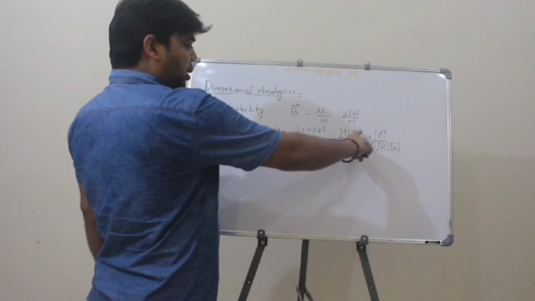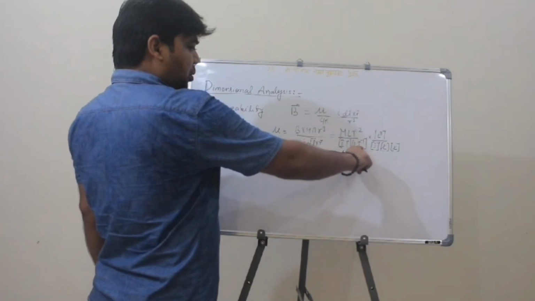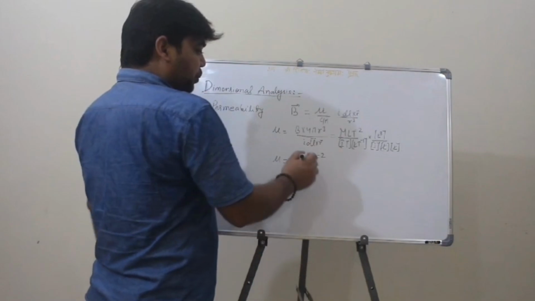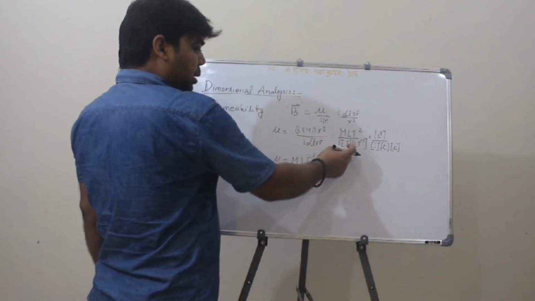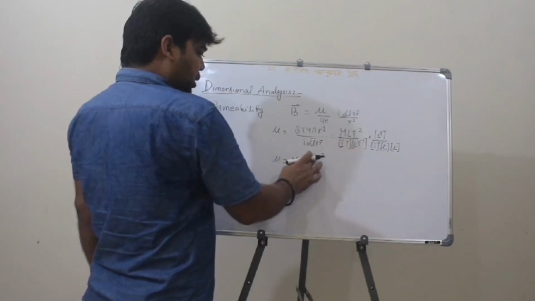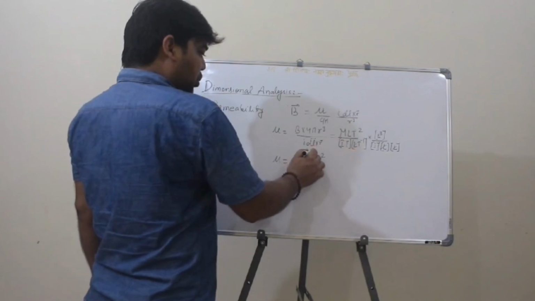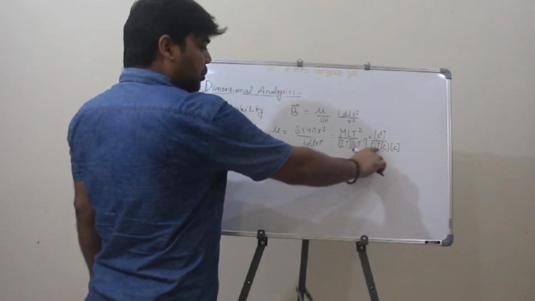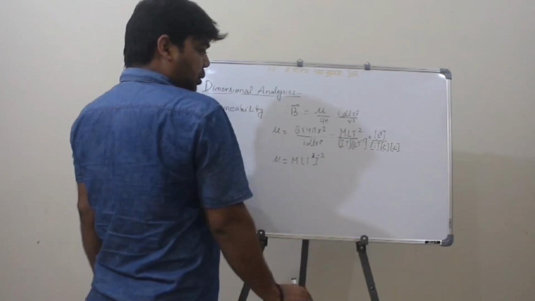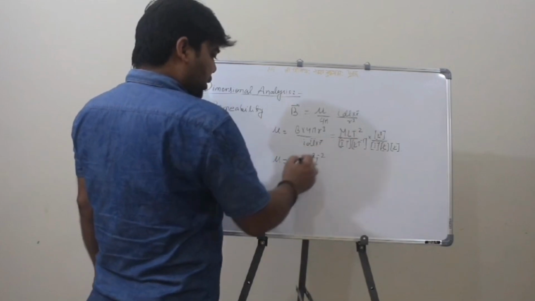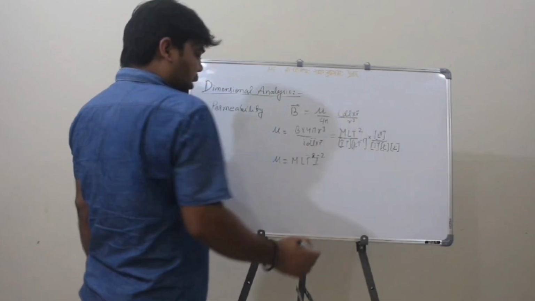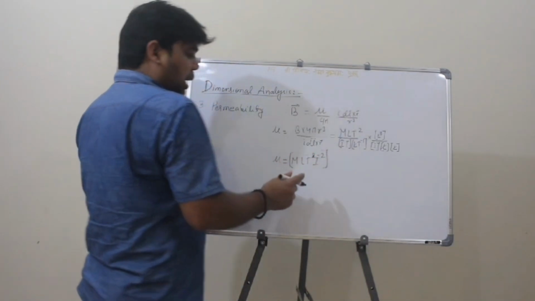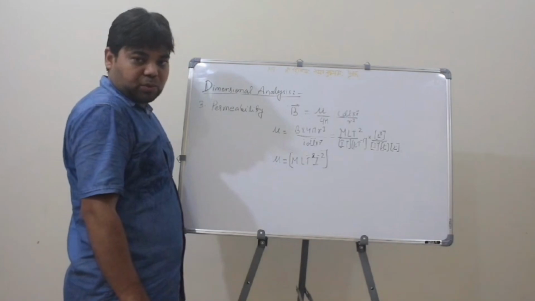M L T to the power minus 2, and this power is added, which becomes T to the power minus 1 basically, and T is cancelling out, so it leaves T to the power minus 2, and I becomes I square, which gives you I to the power minus 2. So the correct dimensional formula of permeability, or magnetic permeability, will be MLT to the power minus 2 I to the power minus 2.